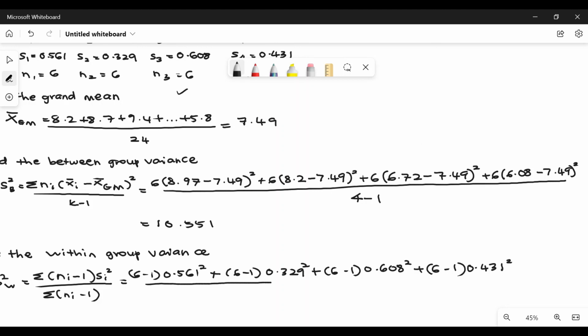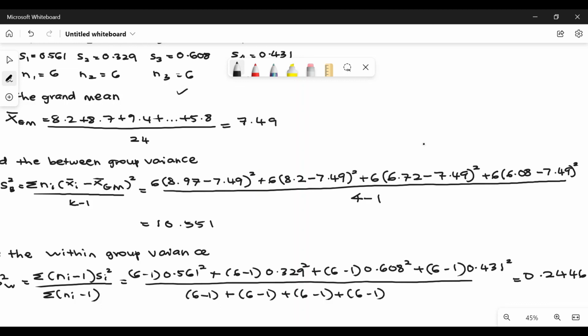And then divide by the summation of Ni minus 1, which means for the first sample 6 minus 1, plus the second sample 6 minus 1, the third sample, and the fourth sample. So then you can get this, which is equal to 0.2446.